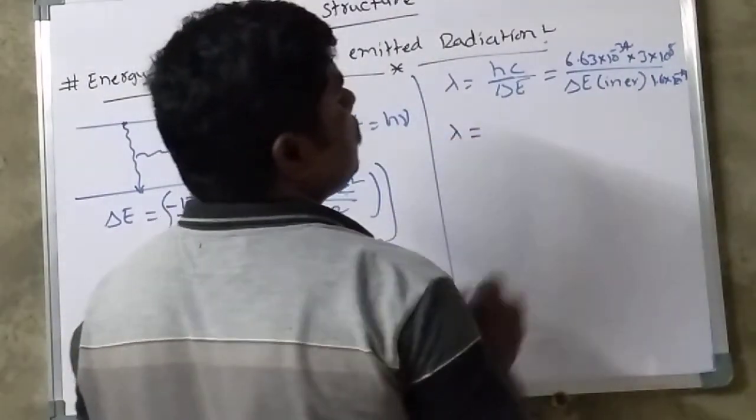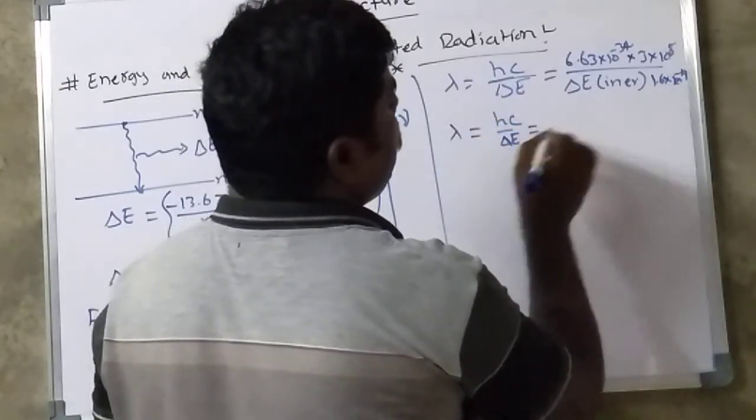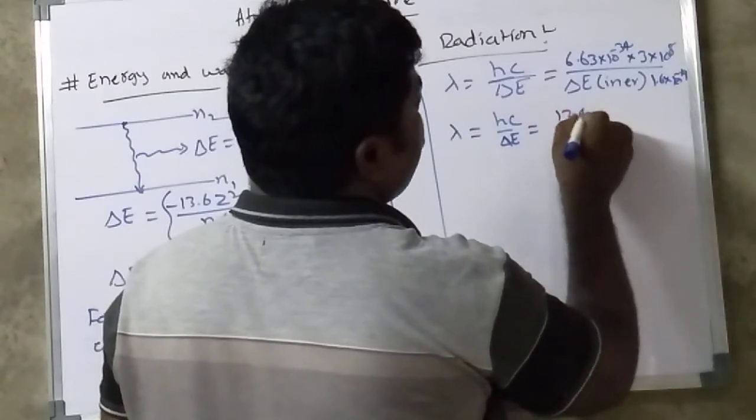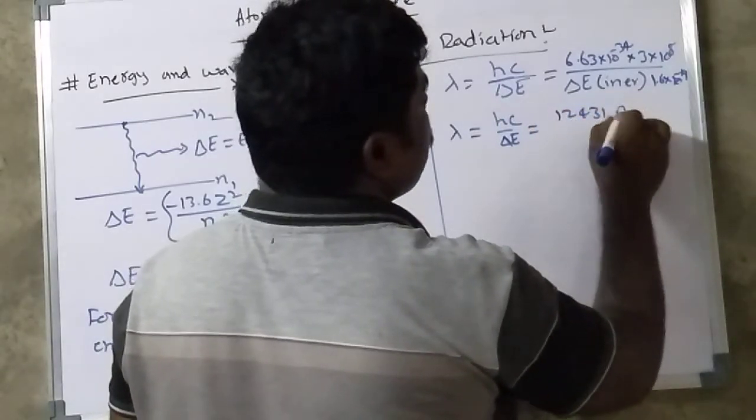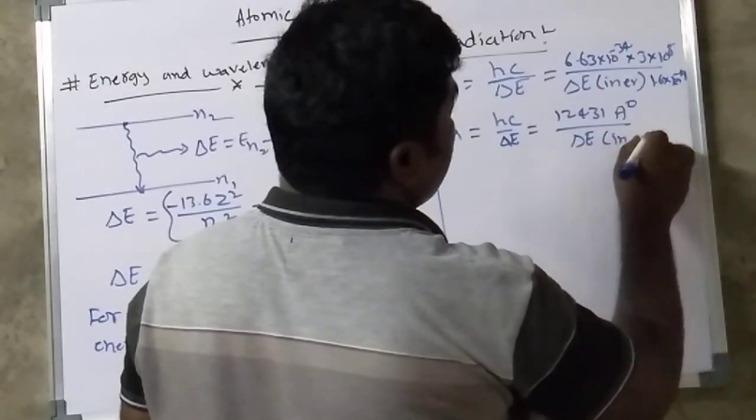After simplification, hc by delta E is equal to 12431 angstroms divided by delta E in terms of electron volt.